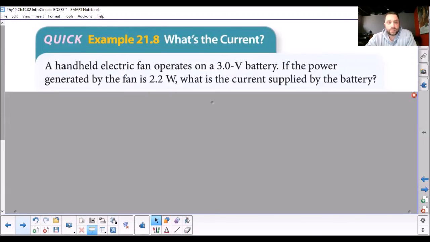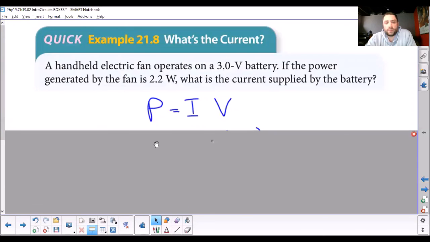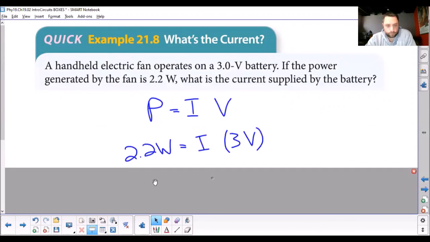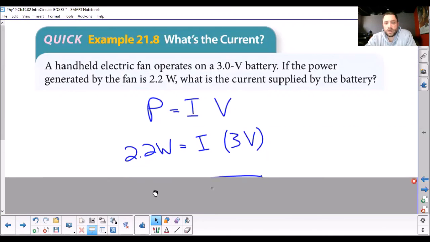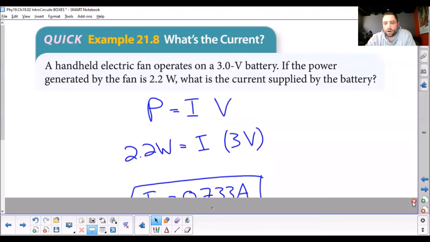All right, so let's do a quick little thing. A handheld fan operates on a 3-volt battery. If the power generated by the fan is 2.2 watts, what is the current supplied by the battery? Well, if we use our equation, we plug in our power and our voltage, then we can solve for our current.